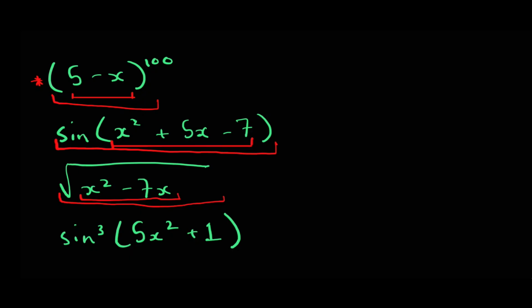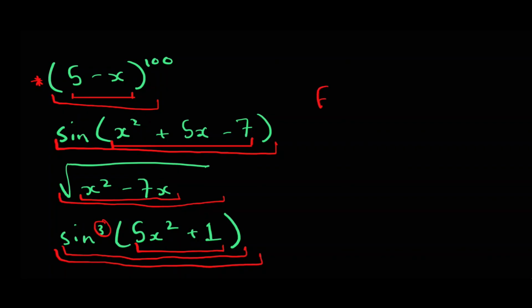And this last one is actually a function inside of a function inside of a function. So there's actually three functions. The innermost function is the 5x squared plus 1. Then there's the sine function, and because it's sine cubed, there's also the cubed, which is the outer function, which puts everything to the power of 3.